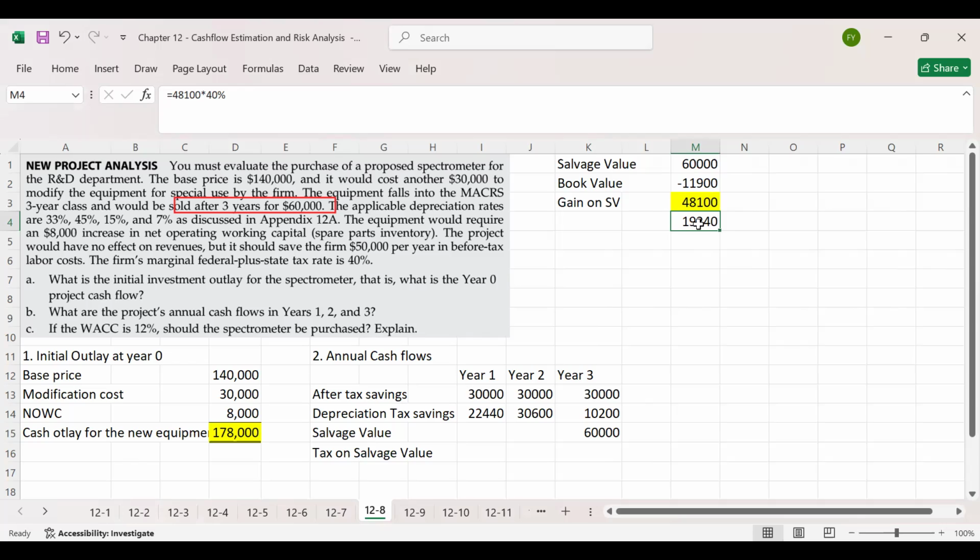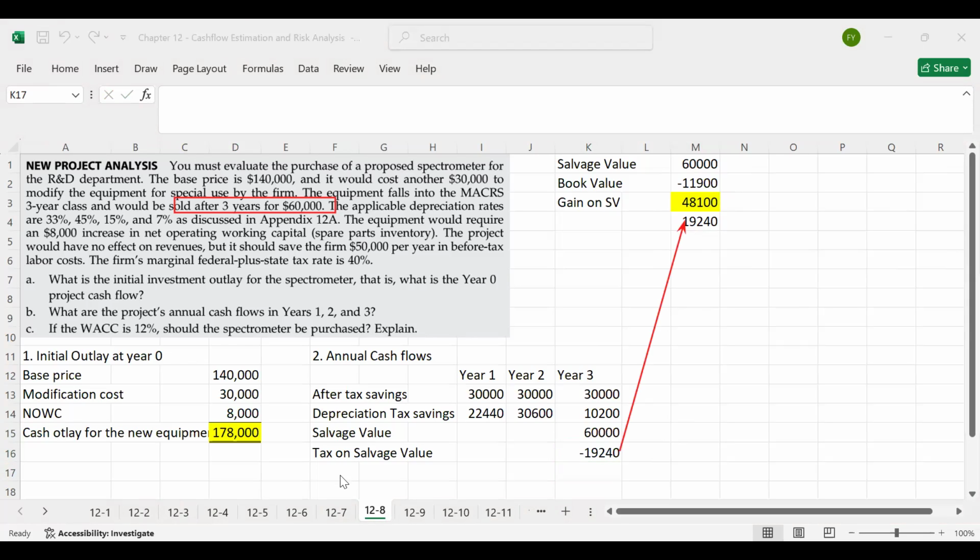So we got gain, and on this gain we have to pay tax. So that's why we are deducting it from the inflows. So here this amount, actually we have calculated in this way.